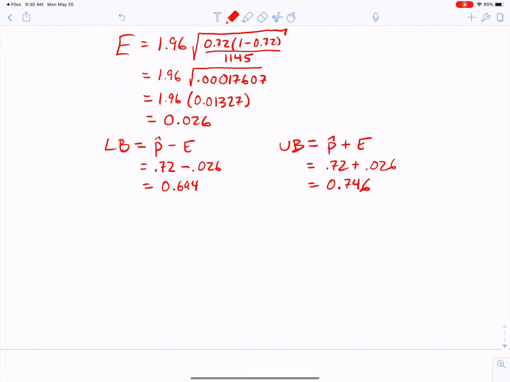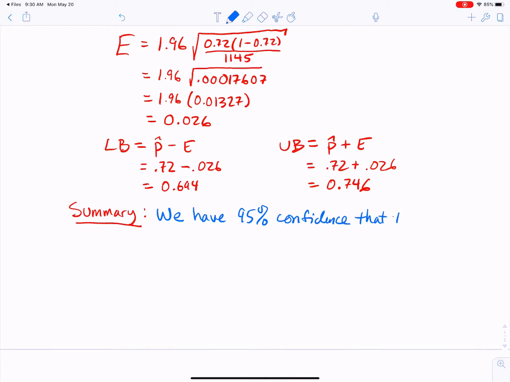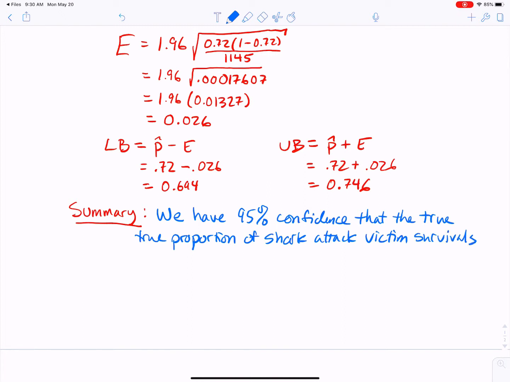So the summary is right here. Summary. We have 95% confidence that the true proportion of shark attack victim survivals is between, this is the important part here, well, there's two parts important, how confident we are and what's the interval.